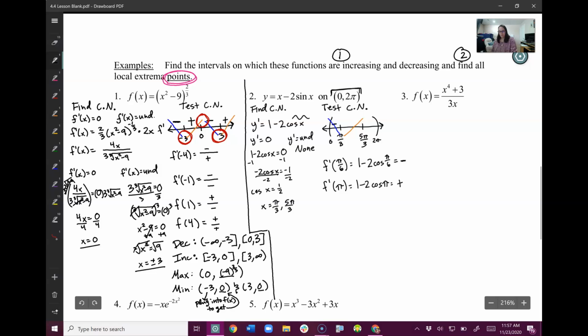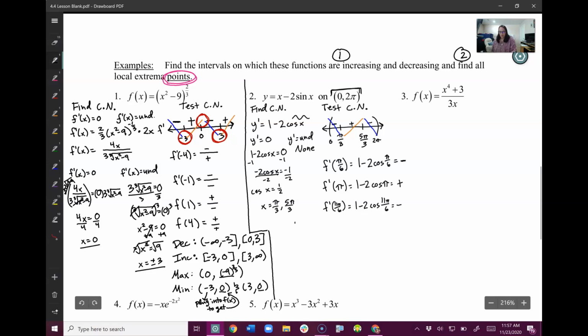Positive, so increasing. And then we need to plug in one more number into f prime. So let's say 11 pi over 6. So we're plugging it into our derivative and typing that in to find that that's a negative. So that means the original will be decreasing because that's a negative.